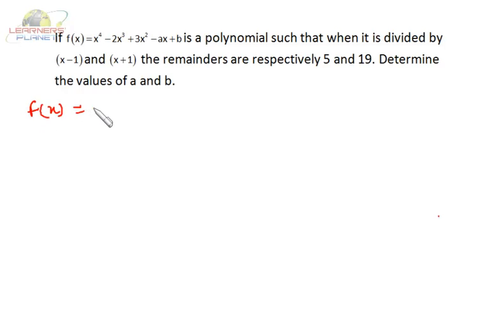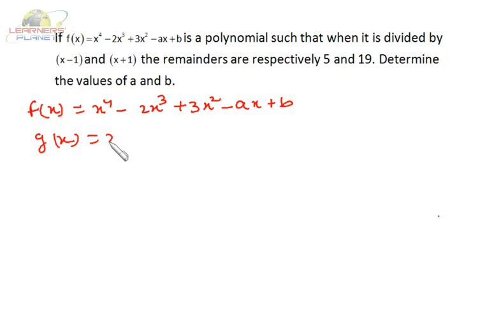f of x is equal to x4 minus 2x cube plus 3x square minus ax plus b. Let x minus 1 be g of x. It's x minus 1, and h of x is x plus 1. So first of all, we have to find out the remainder when f of x is divided by g of x.